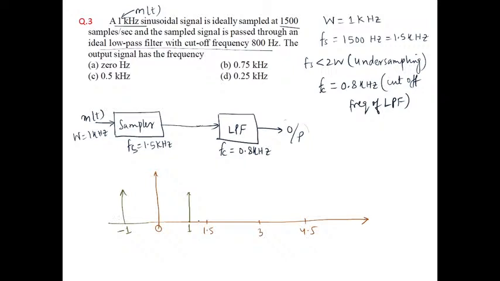Then these two spikes will be centered around 1.5. So another spike, another impulse function, will be there at 2.5 kilohertz, and the third one will be at 0.5 kilohertz. Then at 3.5 kilohertz and 2 kilohertz, and so on.